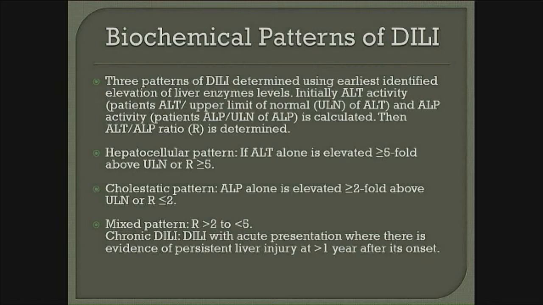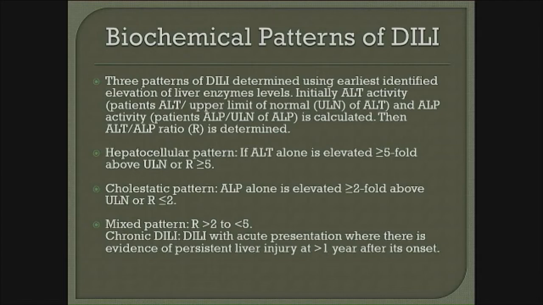Initially, ALT activity, so patient ALT per upper limit of normal of ALT, and ALP, patient ALP per upper limit of normal of ALP, is calculated, then the ratio between ALT and ALP, we know as the R ratio.